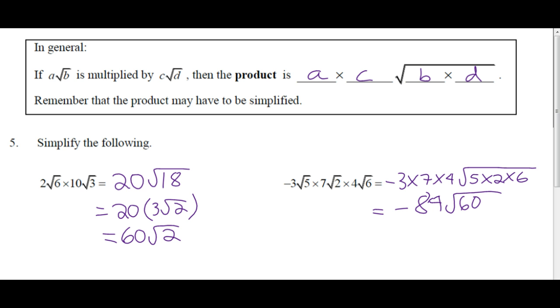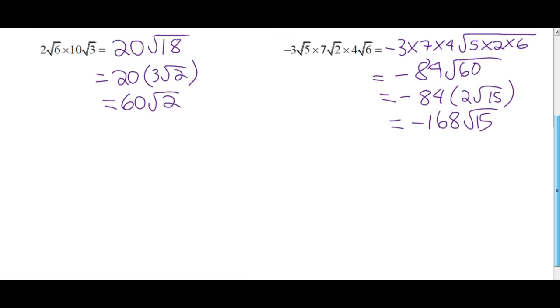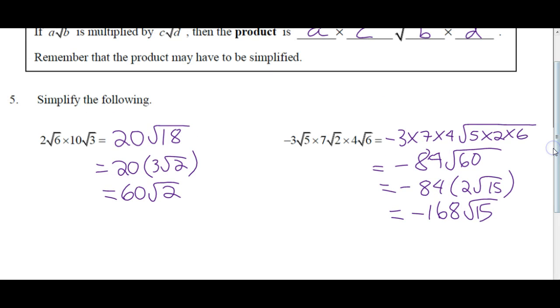Okay, now we know root 60 is 2 root 15. And so we end up with negative 168 root 15. Okay? I'll give you a chance to copy that down.